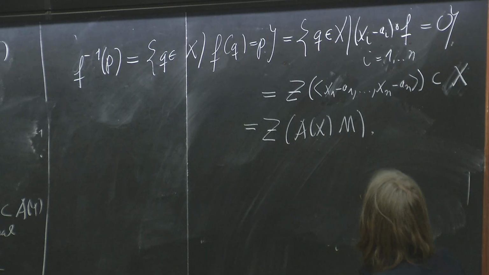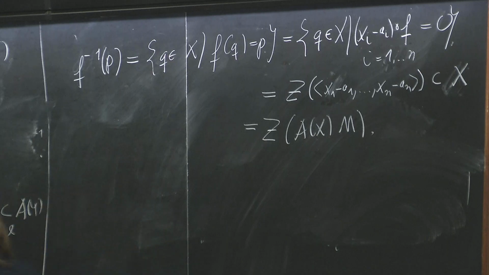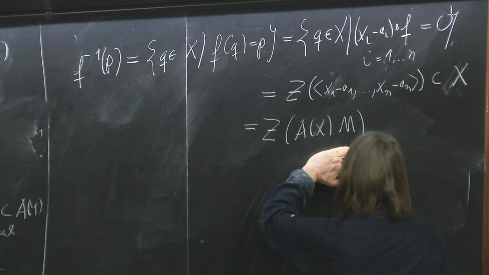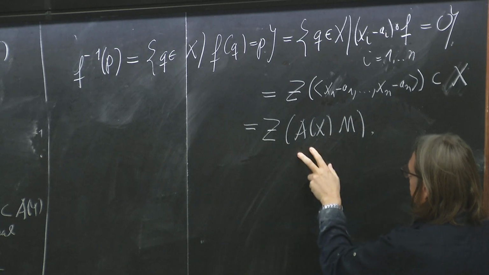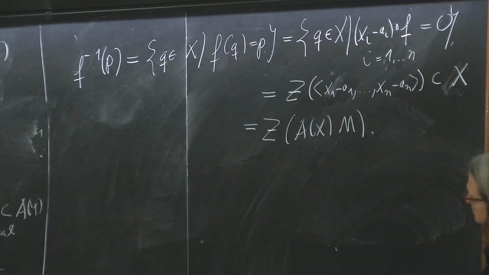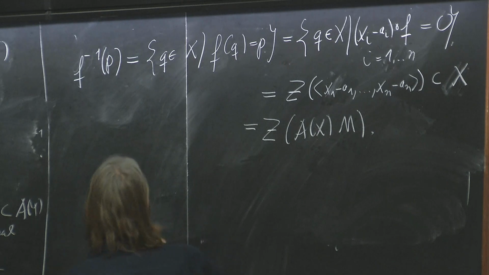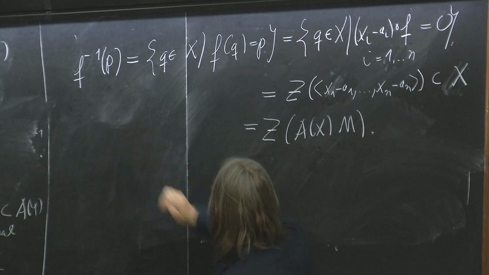So we have found that the fiber is the zero set of this ideal generated by the same M, or strictly speaking, by AX f star M. Therefore, it's enough to show that this is non-empty.